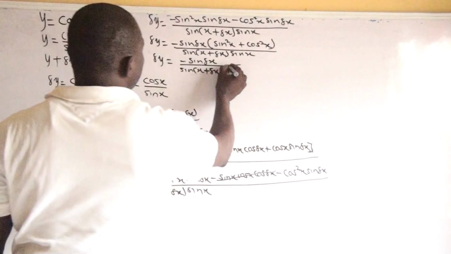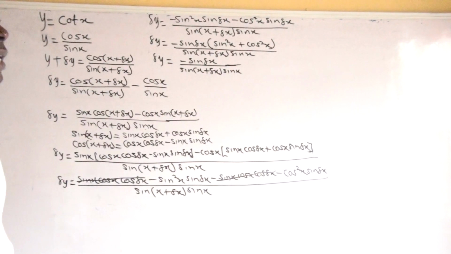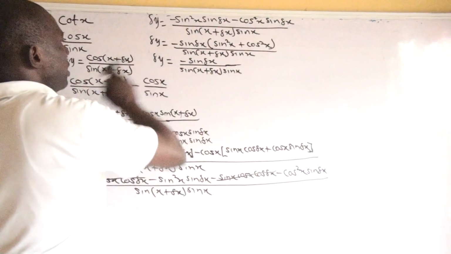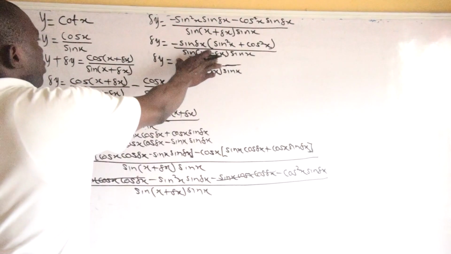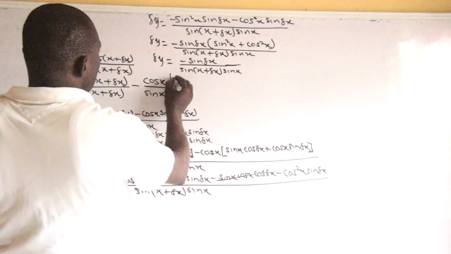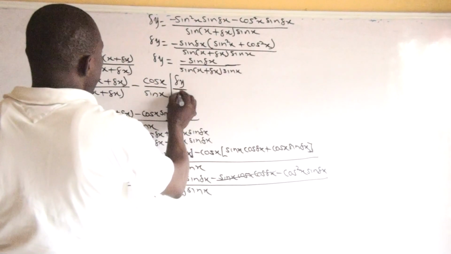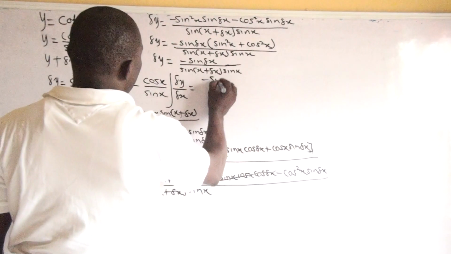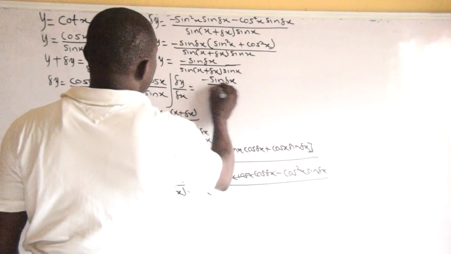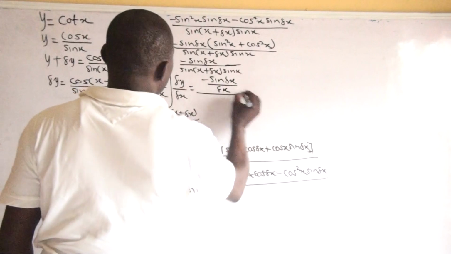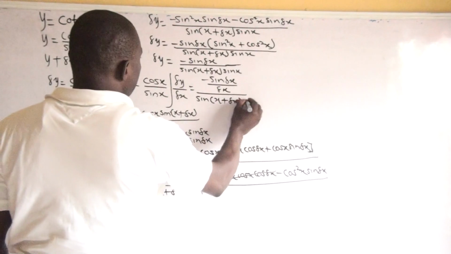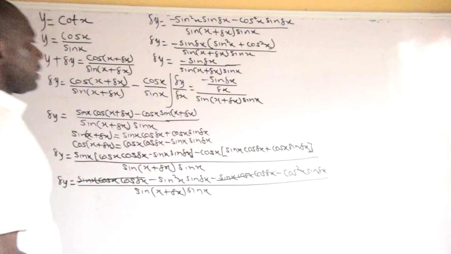Here our interest is in dy dx, so we divide both sides by delta x. Please take note that if we are dividing both sides by delta x, it will only affect the numerator here, so that delta y over delta x becomes minus sin delta x over delta x, all over sin open bracket x plus delta x close bracket sin x.